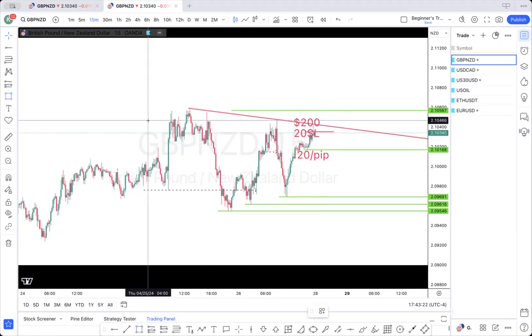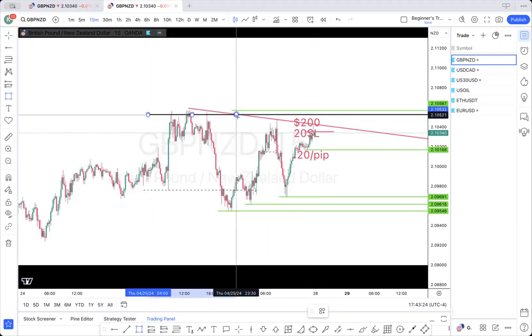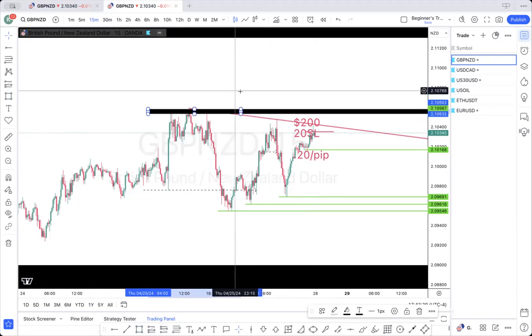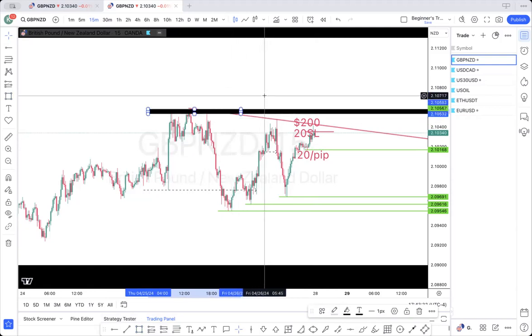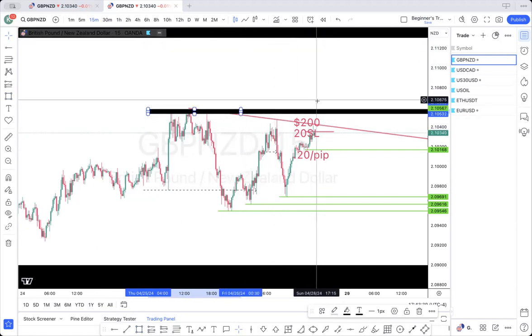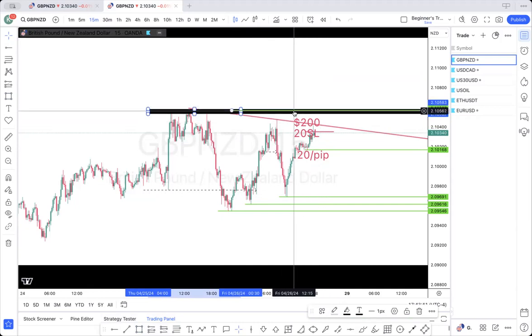So, and the reason why, we're just going to say this is the high, right? This is our swing high. If price breaks through here, I already know price is going up to here. And it may pull back some or whatever, but I know with certainty that the price is going up to this zone.